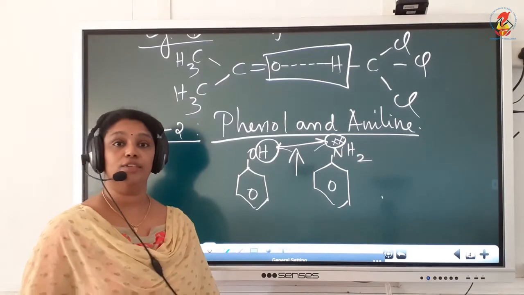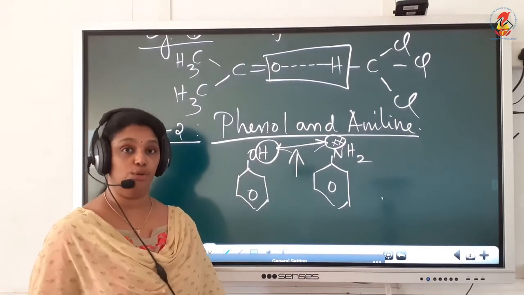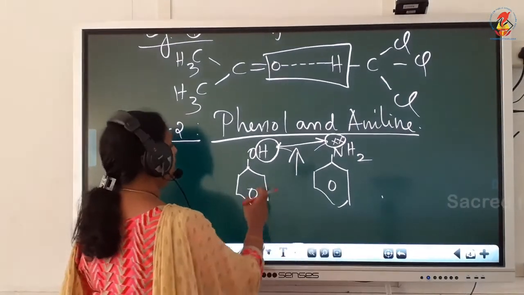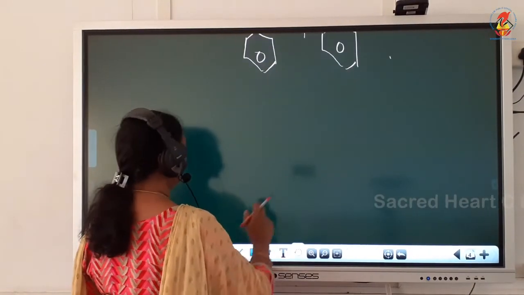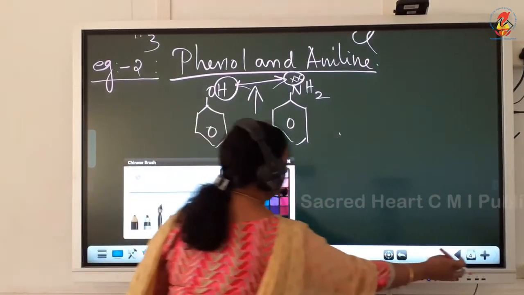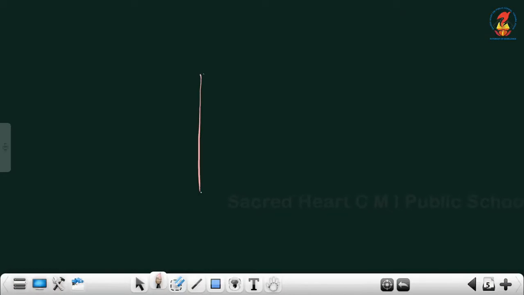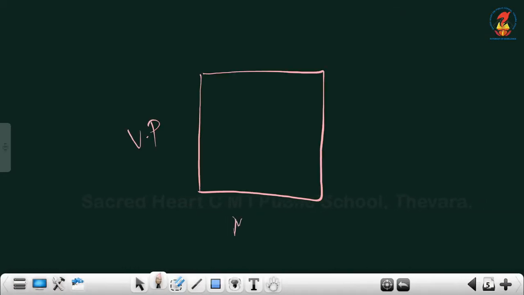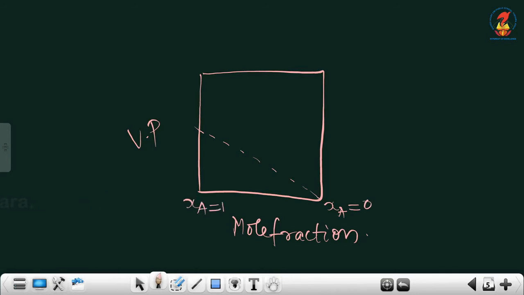For this, again, we have to draw the graph for an ideal solution first. So I'm going to draw the graph of an ideal solution again. We have vapor pressure here, mole fraction, and first we have component A, where XA is equal to 0, and here we have XA is equal to 1, maximum value P0A.